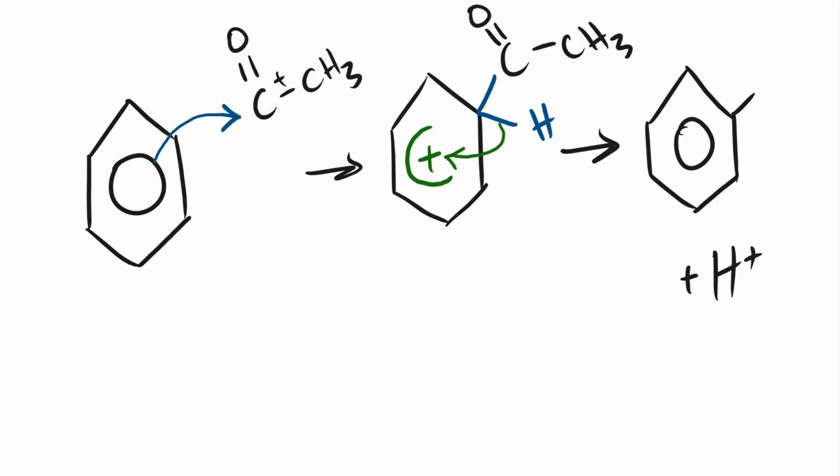So our final product is going to be this guy right here. A phenyl ketone, okay? And then again, this H plus that left the molecule is going to reform our catalyst, which in this instance is AlCl3, aluminium chloride, and fulfill its function as a catalyst, okay?